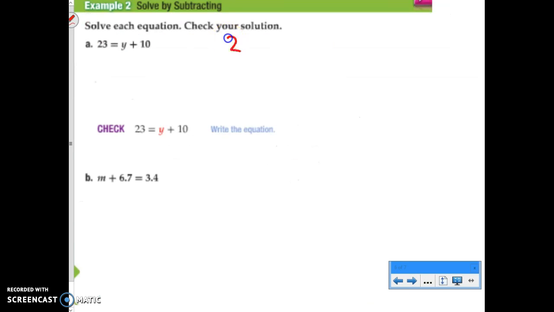So let's take a look here. We have 23 equals y plus 10. So in order for us, again, to solve for the variable, we are solving to come up with a solution. I need to get y completely by itself. Well, in this case, y is positive, but it's not by itself on that side of the equal sign. So I need to get rid of any terms, which in this case would be a positive 10, that do not contain a variable.